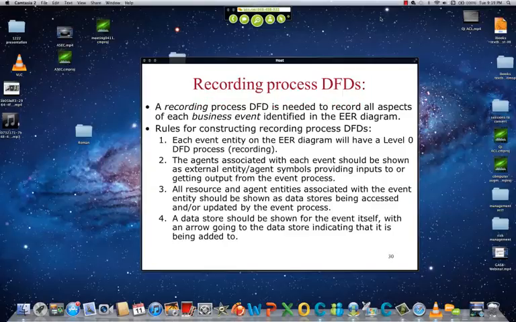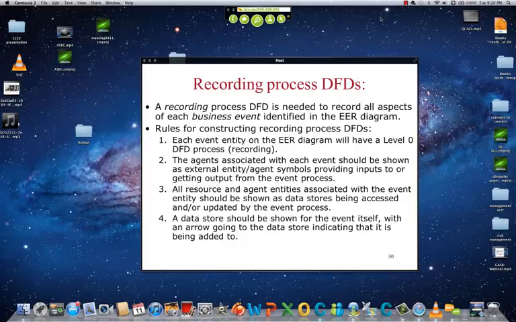So, what is recording? Recording wants to capture how data is recorded. And here are the rules. When you do your stage 1 project, you have to follow these rules. You do DFDs after EER. The hardest part is probably constructing the EER diagram.